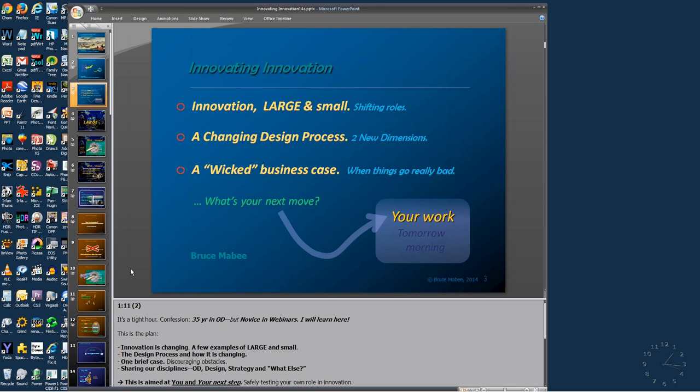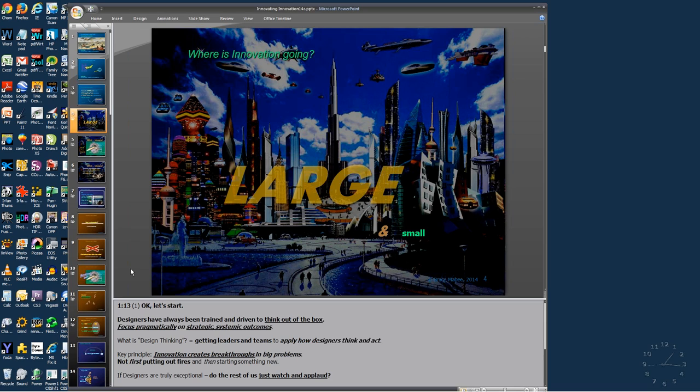Secondly, to look more specifically at the design process and how that is changing, and there are a couple of really critical new dimensions. I want to get briefly into what's listed here as a wicked business case. Wicked as in things don't go the way they're supposed to, as an example of how innovation, I think, often happens. And let's get started.